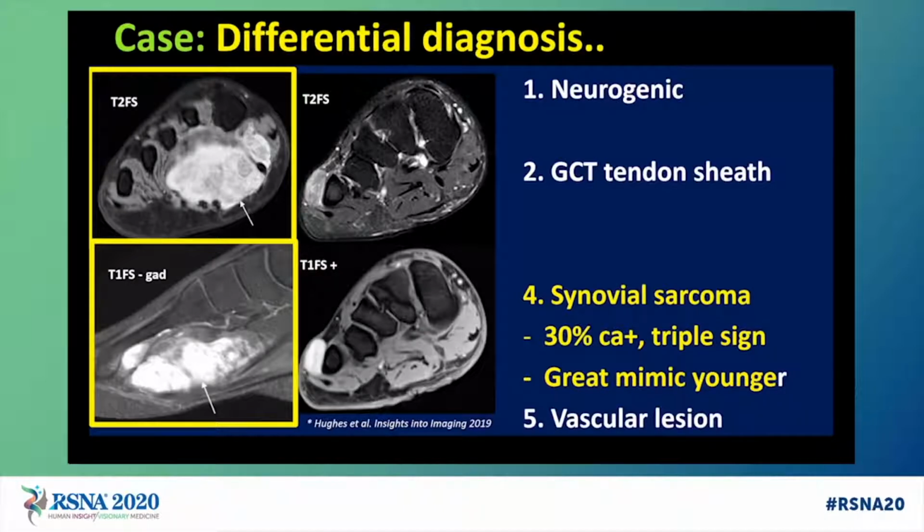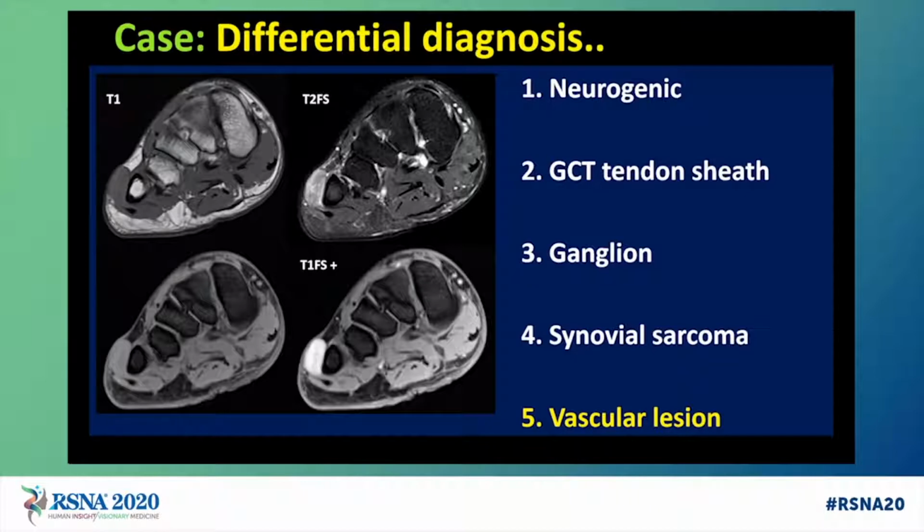This is heterogeneous in appearance, and post-gadolinium can demonstrate multifocal heterogeneous appearance and increased signal, as we can see on the sagittal T1 fat saturated image of this particular case. Of note, synovial sarcomas demonstrate 30% calcification. The triple sign is seen in younger patients and can be a great mimicker of both benign and malignant lesions.